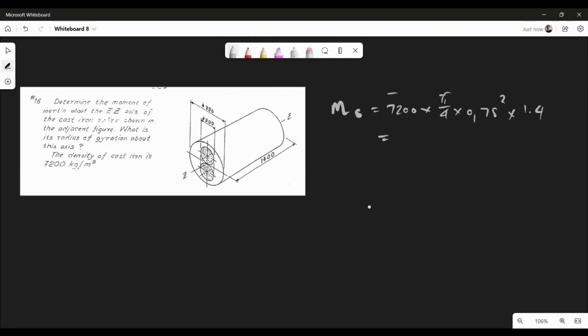So we need a mass there. Is that correct?